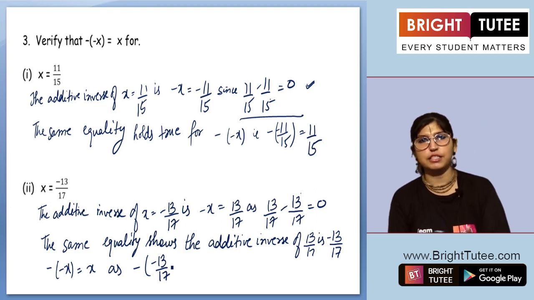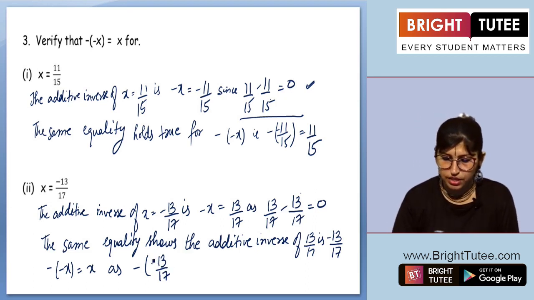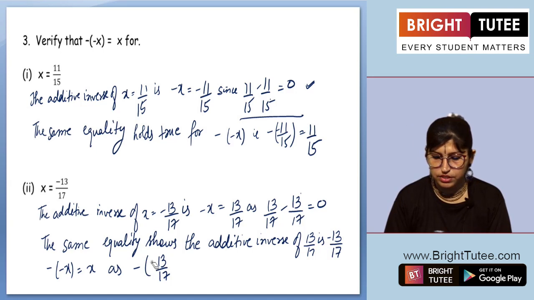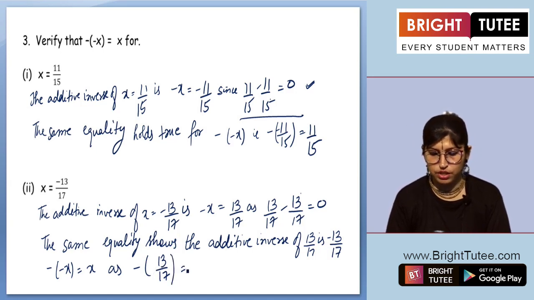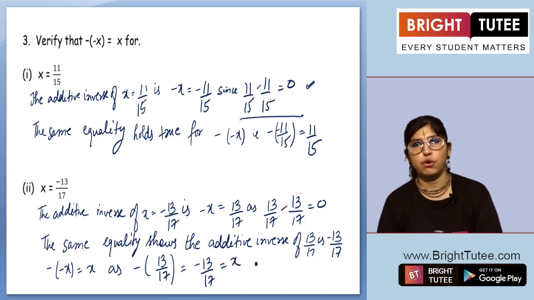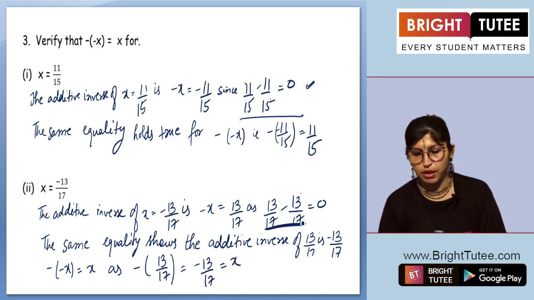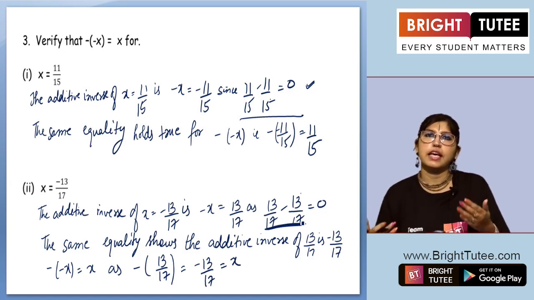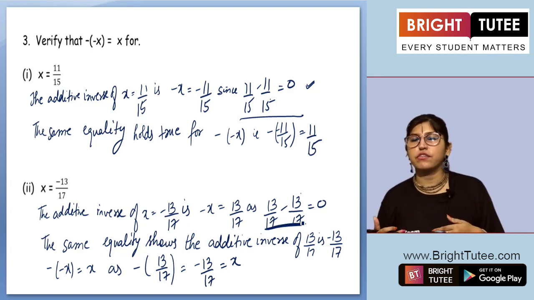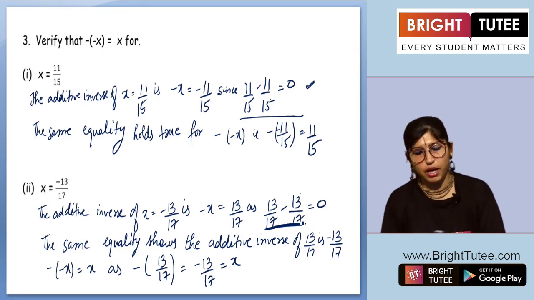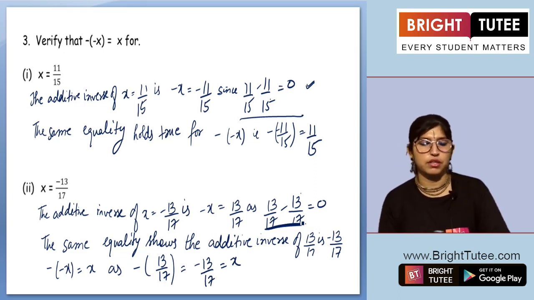Since we have x as minus 13 by 17, if x is minus 13 by 17, minus x will be 13 by 17. If we take the minus out, we get minus 13 by 17, which equals x only. So the same equality shows that the additive inverse of minus 13 by 17 is 13 by 17. Then the additive inverse of 13 by 17 is again minus 13 by 17, which is the value of x which we started with.